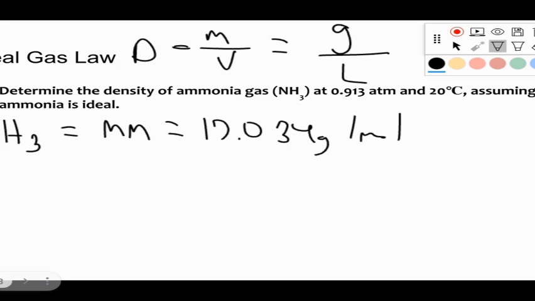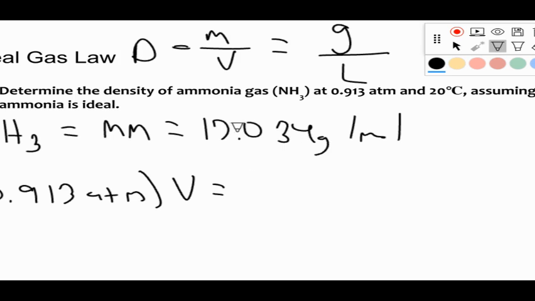Then I'm going to do my ideal gas law. So I know my pressure, I need my volume. So right now for my density, I know my grams, but I don't know my liters. So I'm going to have to solve for my volume here.